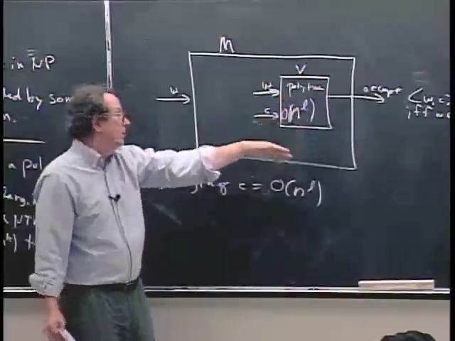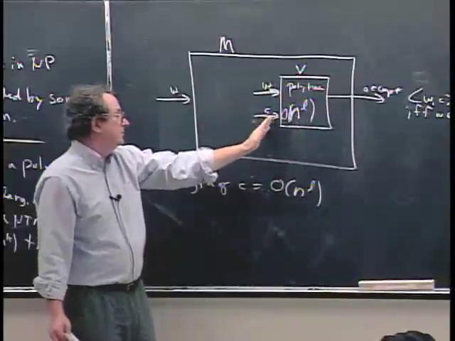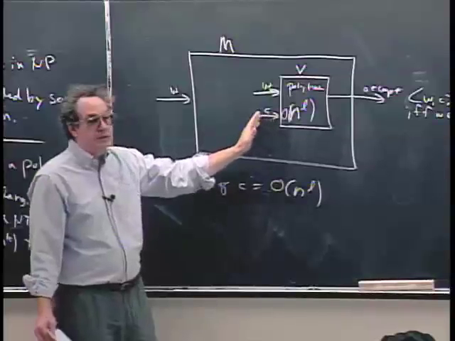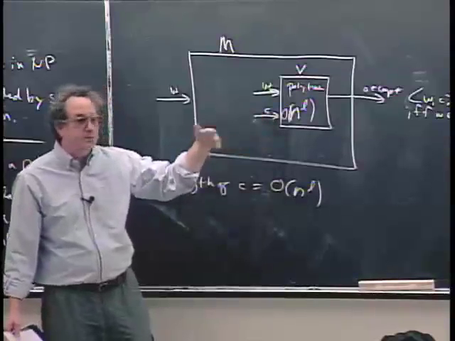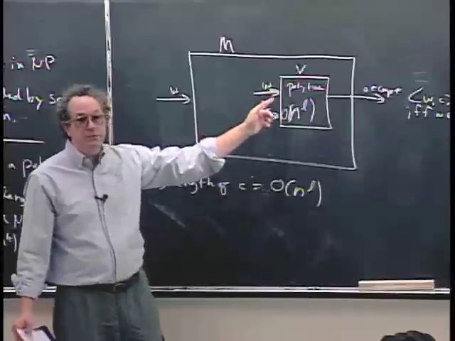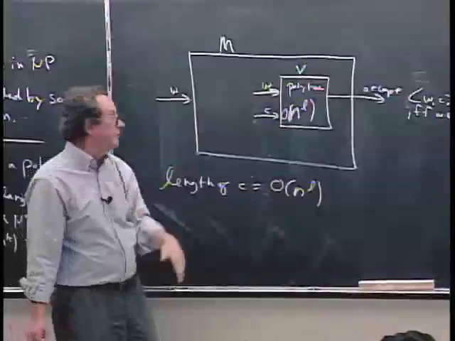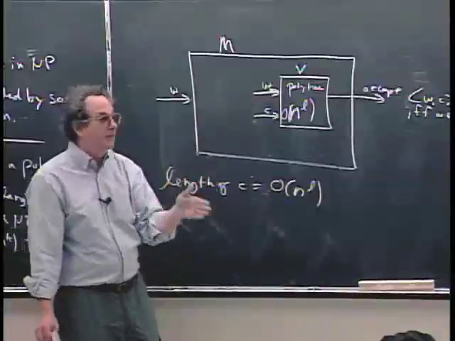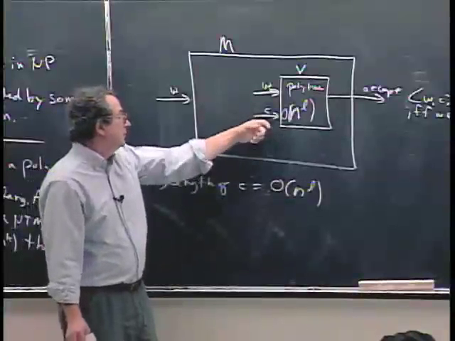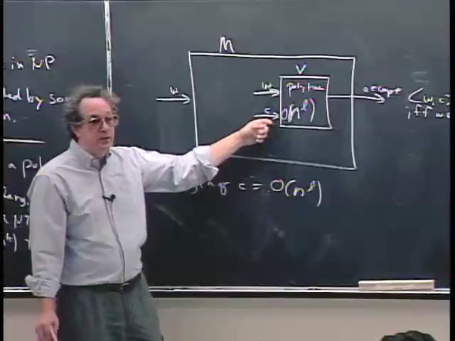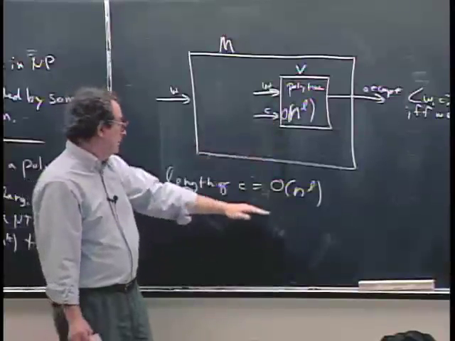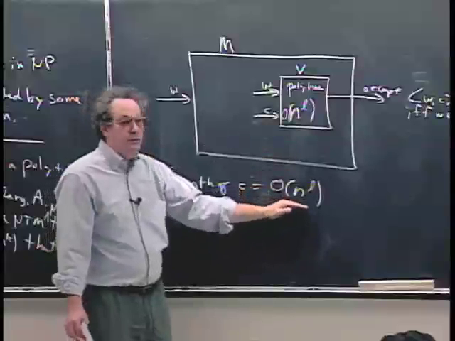That's all it can do. And you have to clock actually looking at the input C, just as you do when you look at W. So W comes in on a tape, and it takes a step of the Turing machine just to look at every character there. One step for each character, and one step for each character in C as well. So the length of C is bounded by N to the L also.